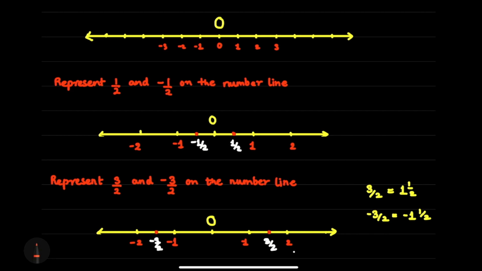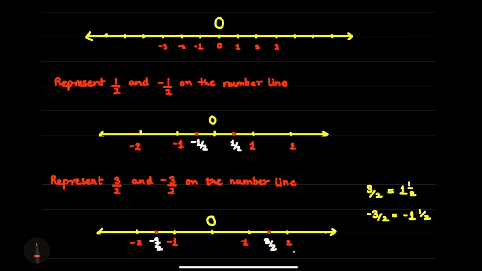And the rational number minus 3 by 2 is to the left of 0, and it lies between minus 1 and minus 2. We again divide the line segment between minus 2 and minus 1 into two equal parts, and that point is called Q dash. And that's how we represent 3 by 2 and minus 3 by 2.